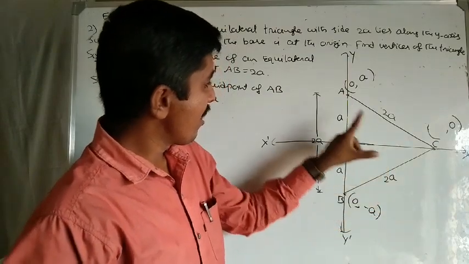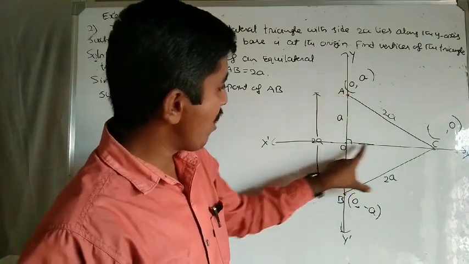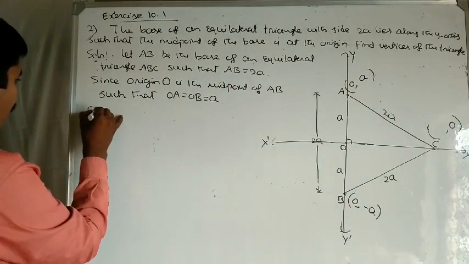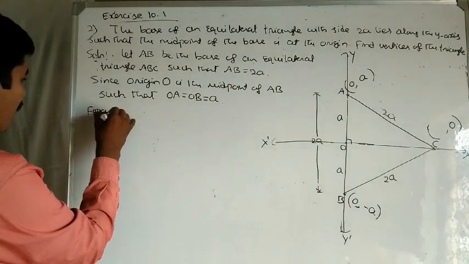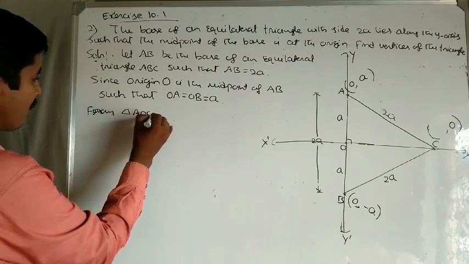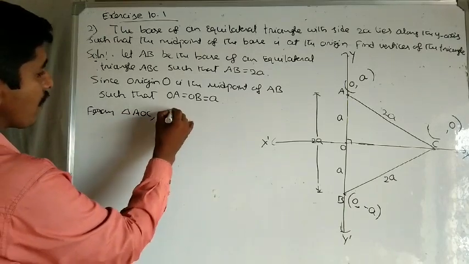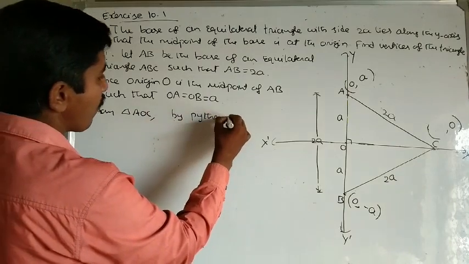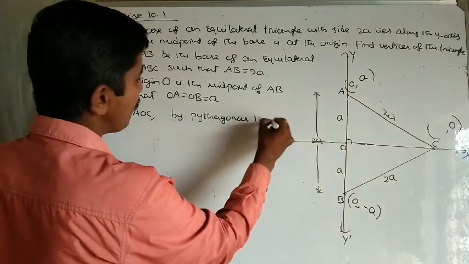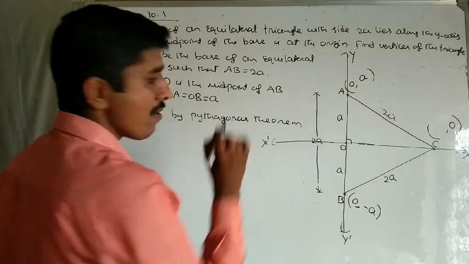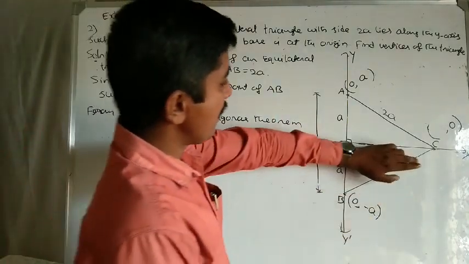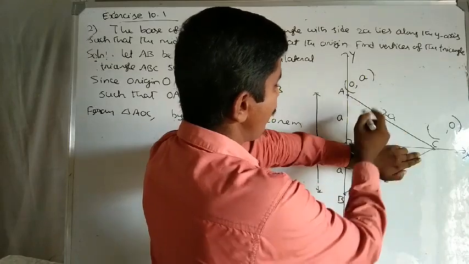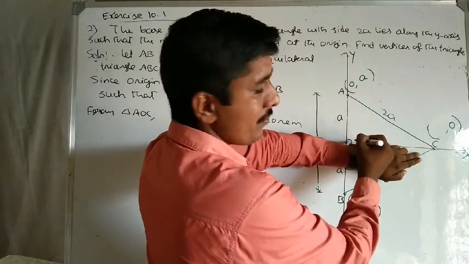Correct. I am taking a triangle here, AOC. From triangle AOC, by Pythagoras theorem, in this right angle triangle, the opposite side is the hypotenuse, correct?